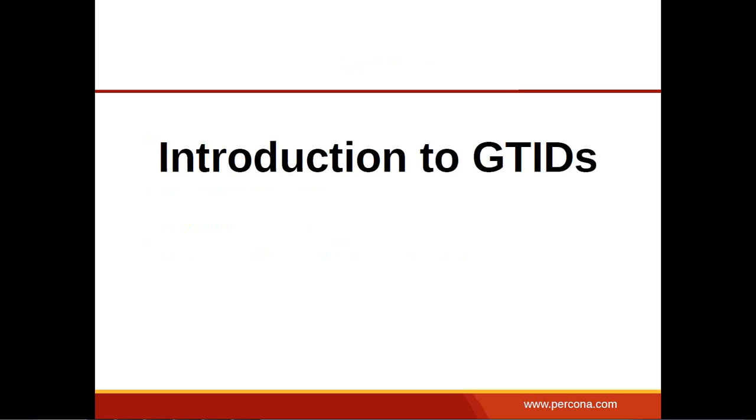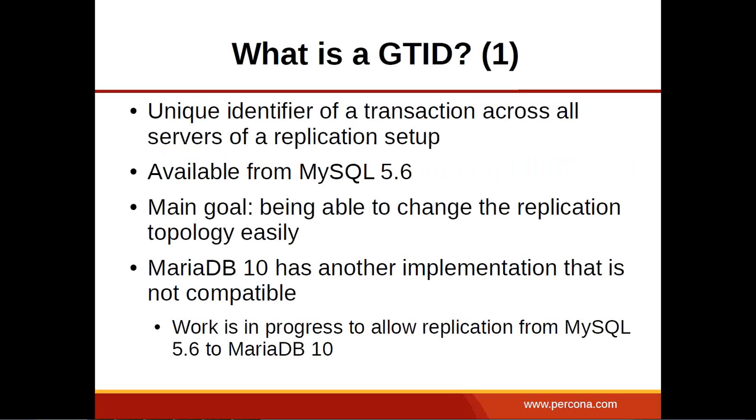Now let's talk a bit about the basic things you have to know about GTIDs. First, very basic things: what is a GTID? It is simply a unique identifier for a transaction.